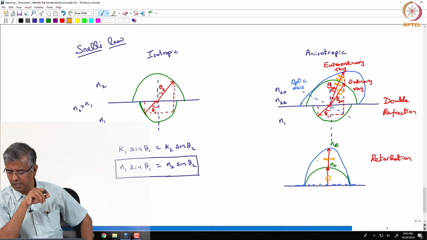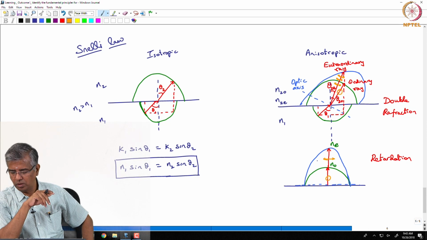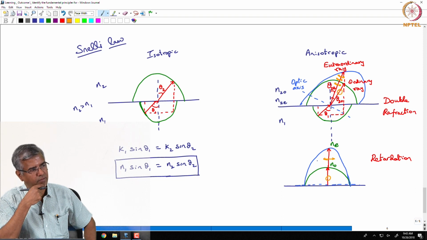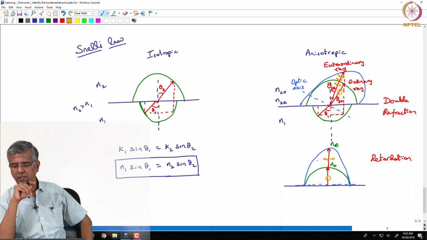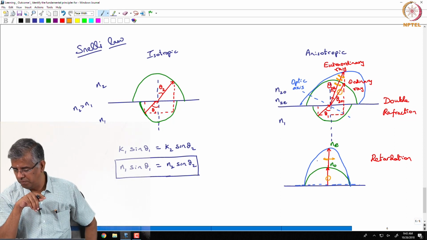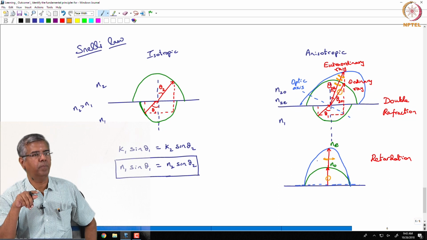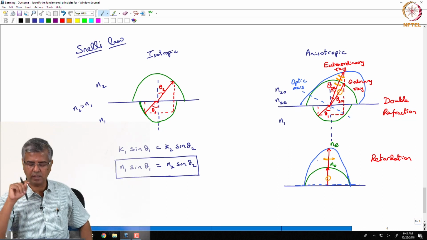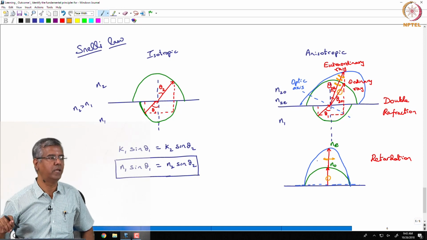In the second case, so you are asking whether the direction would be the same irrespective of the incident angle. No, this is actually the direction for normal incidence.